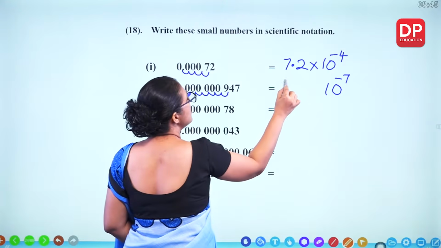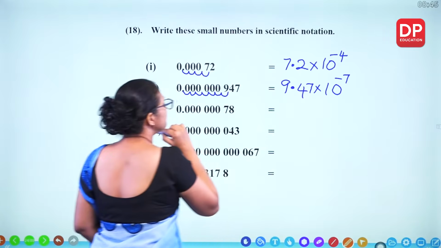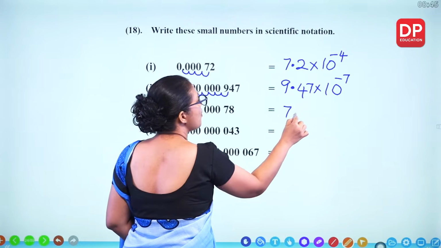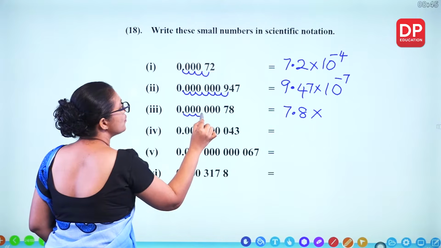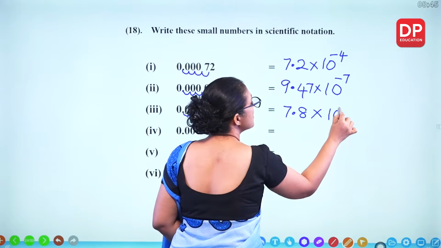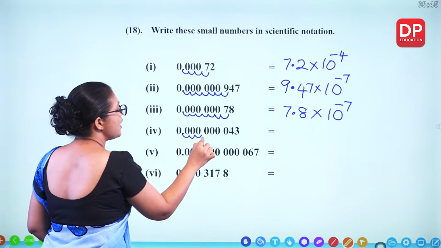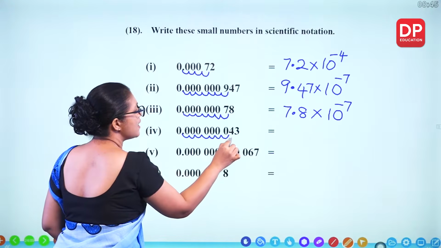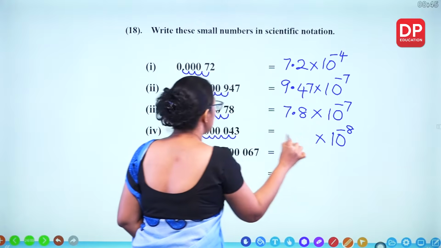What's the number less than 10? 9.47. This one, the number is 7.8. How many places? 1, 2, 3, 4, 5, 6, 7 places to the left. Minus 7. 1, 2, 3, 4, 5, 6, 7, 8 places to the left. 10 to the power minus 8.